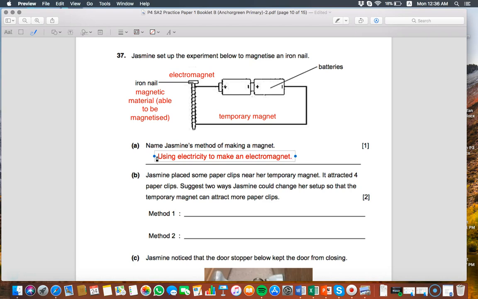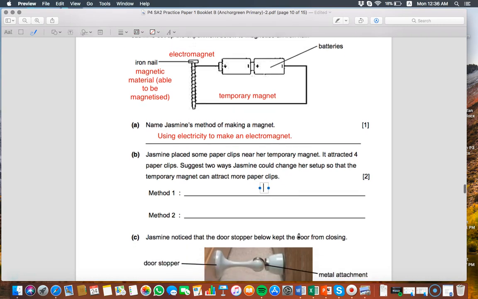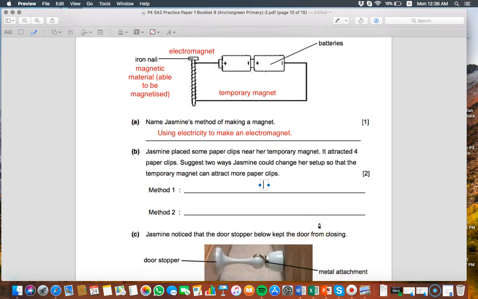There are also some answers that I see in the answer key, which I don't really like. They say, oh, it's called the electro method. No. Electronic. No. Electric method. Maybe the best answer will be using electricity to make an electromagnet.